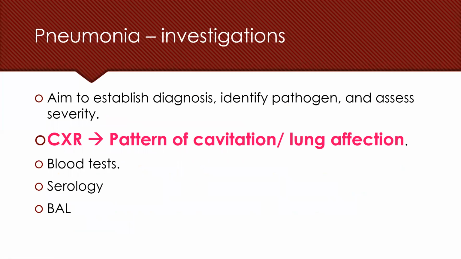Our basic aim in the investigation of pneumonia is to establish the diagnosis, to identify the pathogen, and then to assess the severity. Chest X-ray is the cornerstone in the investigation of pneumonia, because it helps us through the pattern of lung involvement.